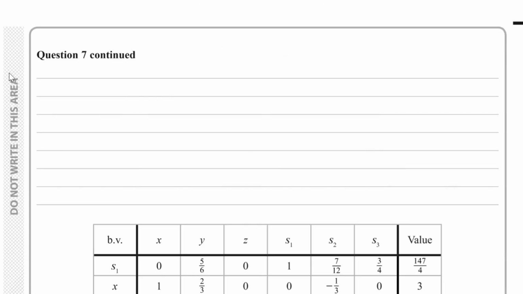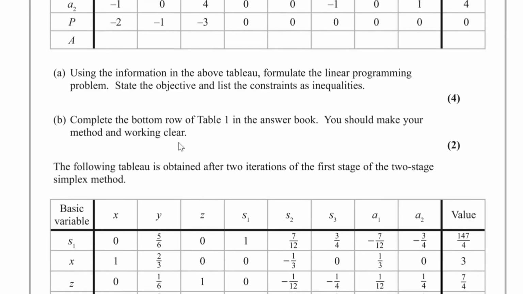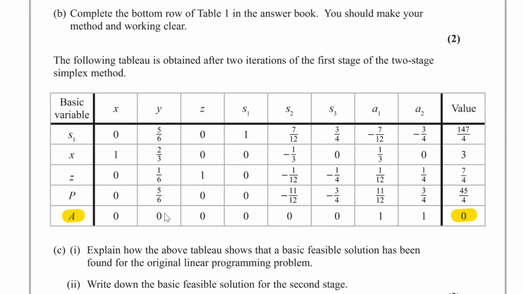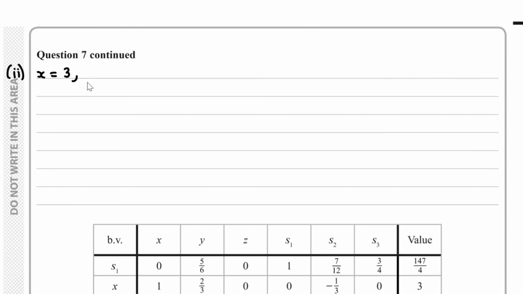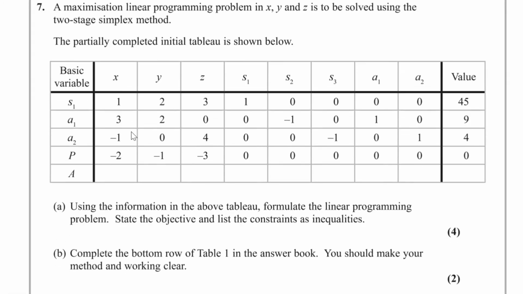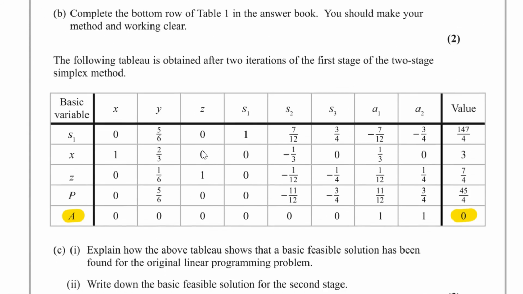We have, for the next part of part C, x equals 3. y equals 0. We've got z, which is equal to 7 over 4.